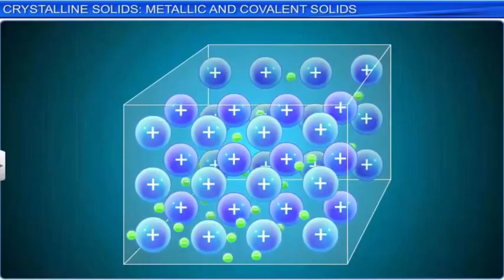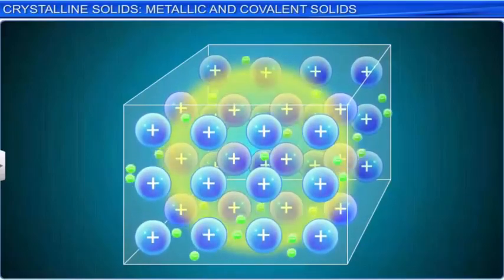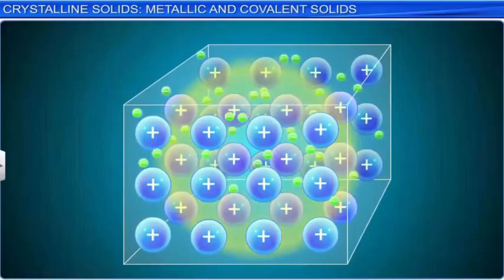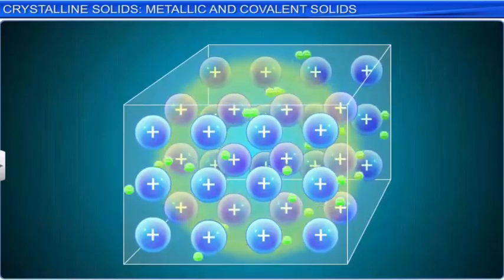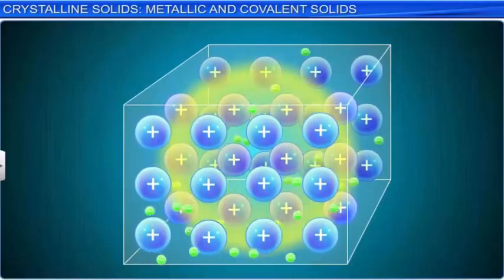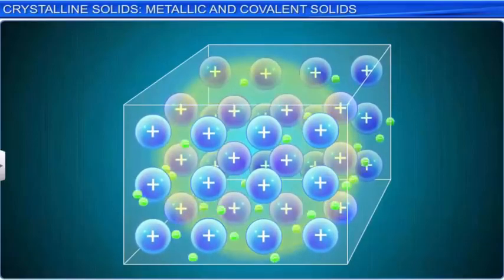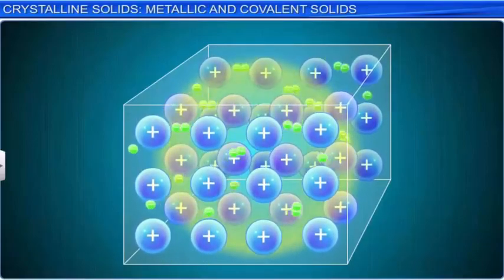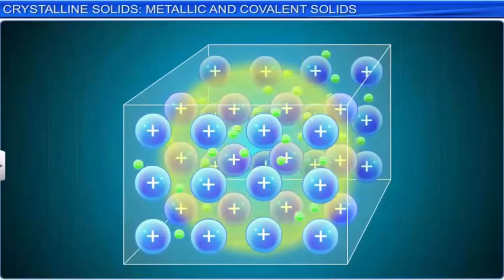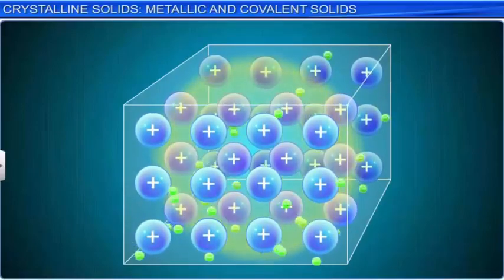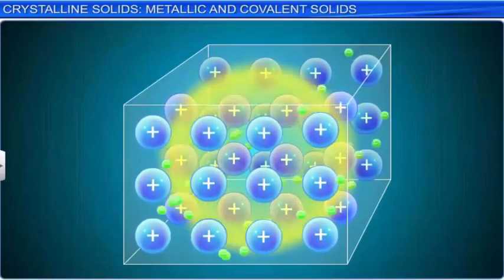The electrostatic forces of attraction between the positive ions and the electron cloud constitute the metallic bonding, which holds the positive ions together. These electrons are not localized on any atom, but rather delocalized uniformly over the entire crystal.